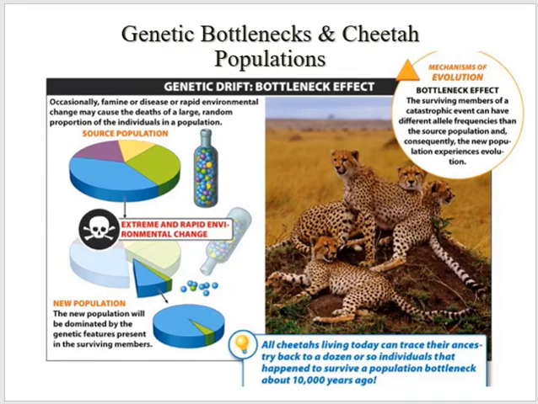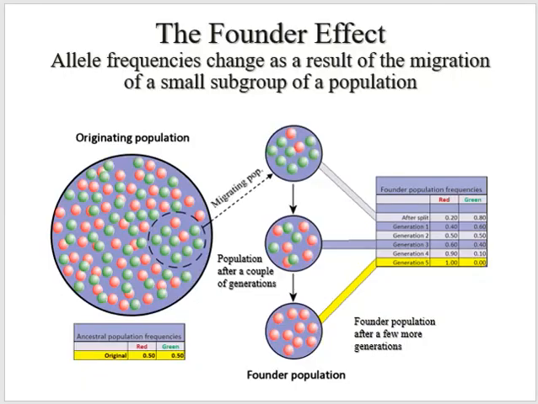So genetic bottlenecks, as I said, were one of the general mechanisms by which genetic drift occurs. The second one that I had mentioned is called the founder effect. The founder effect is a special case of genetic drift.